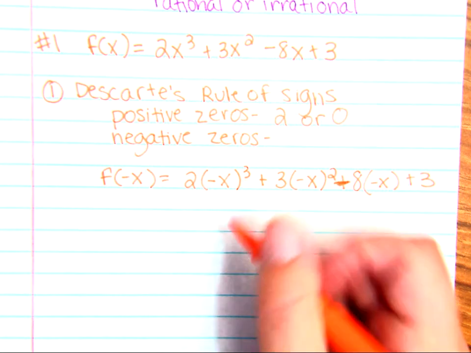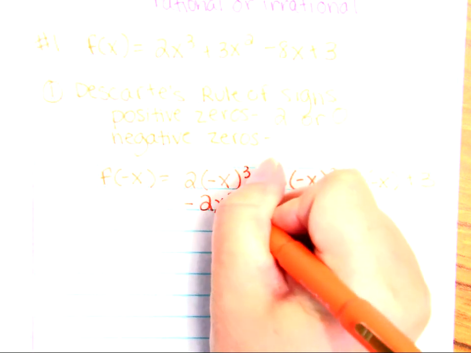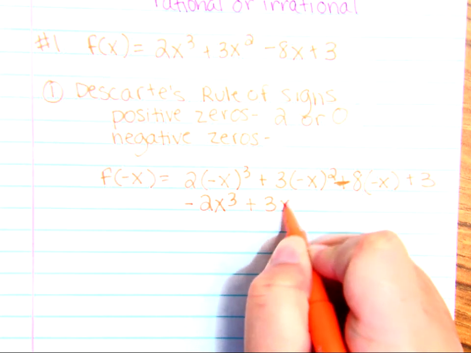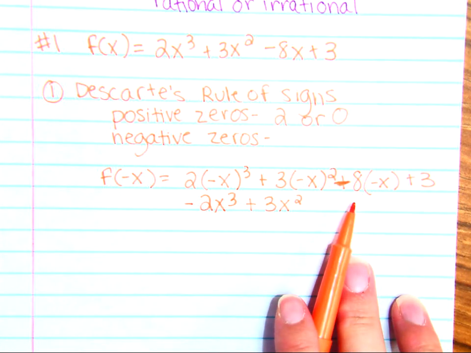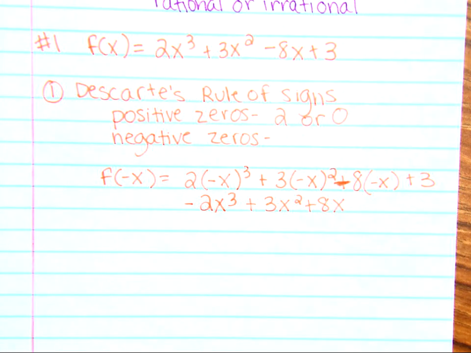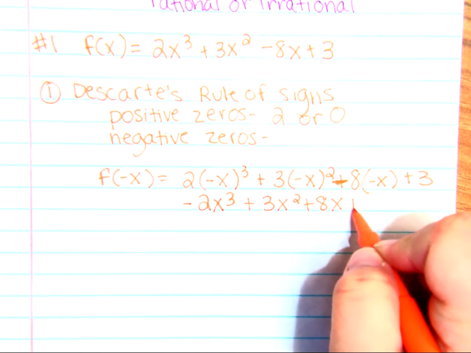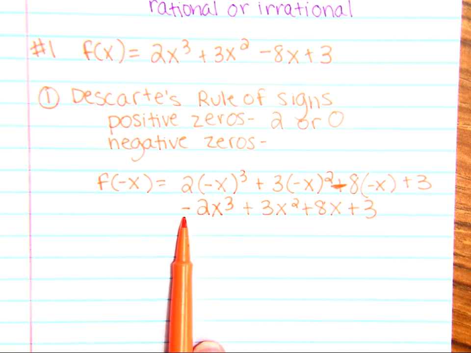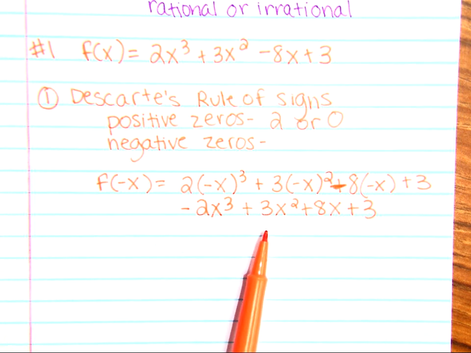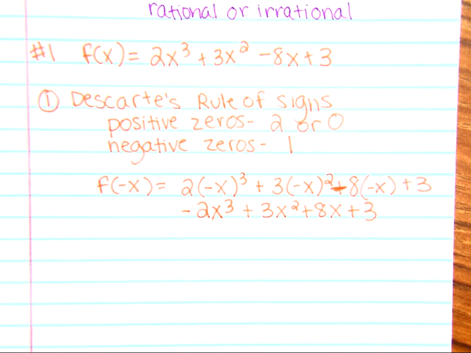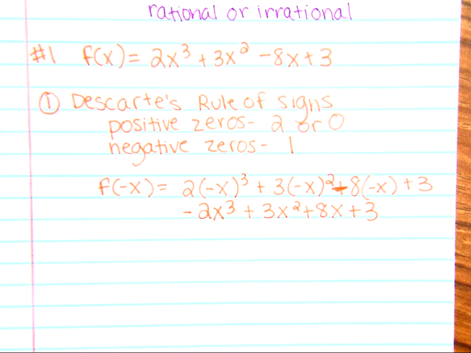Negative x cubed is going to stay a negative. Negative x squared is going to be positive. Negative 8 times a negative x would change that to a plus. Okay, plus 3. Now I can count my sign changes. So I think the only one happens from negative 2x cubed to positive 3x squared. So we only have 1 negative zero. So from this I know I'm either going to have 2 or no positive zeros and 1 negative zero.